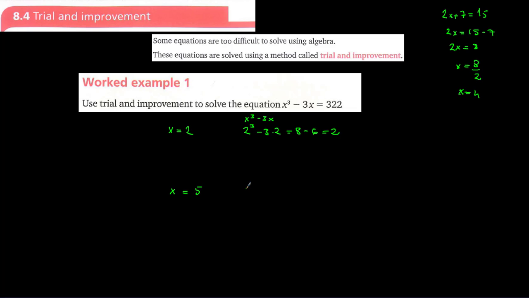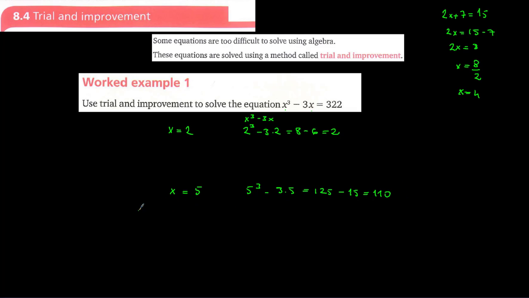Then it's going to be 5 cubed minus 3 times 5. 5 cubed is equal to 125, 3 times 5 is equal to 15, then it's equal to 110, and this is also a small number now.